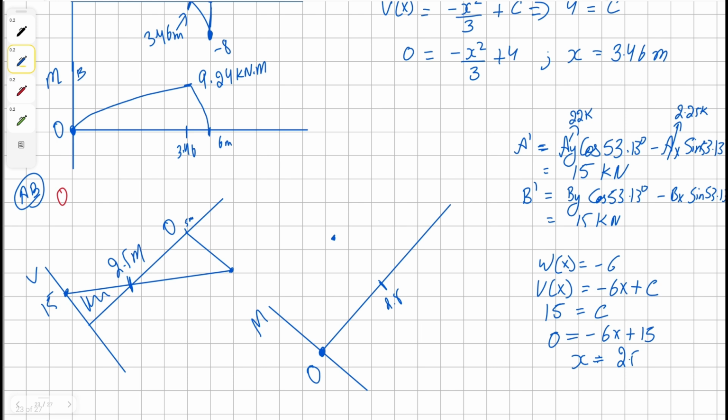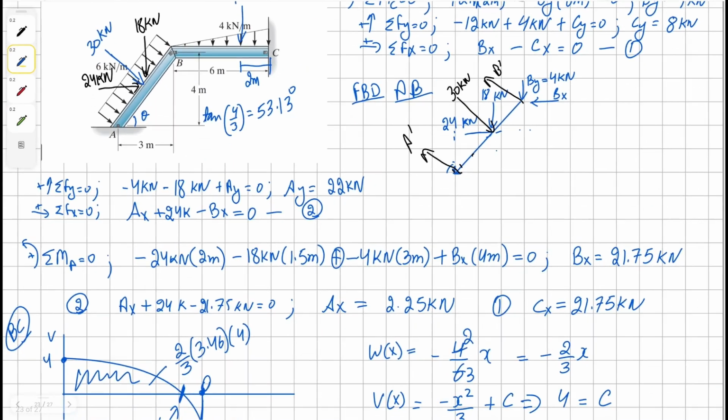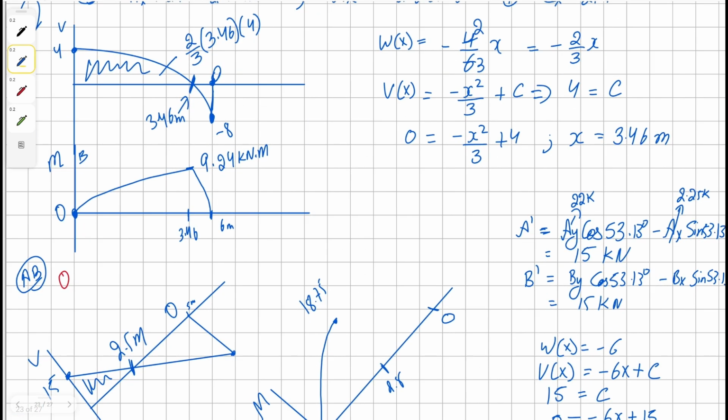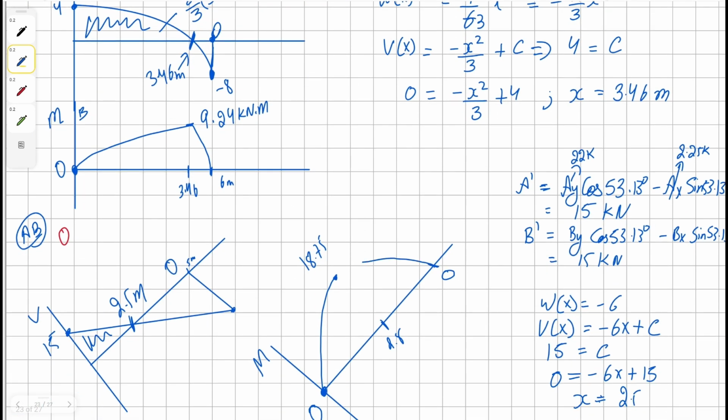So it's going to be 15 times 2.5 times 0.5, which is 18.75. And it's going to be concaving downward because we have positive decreasing. And then this moment is going to go all the way to 0 at the length of the beam, which is 5, so until 5 meters. And it's going to be concaving downwards as well.